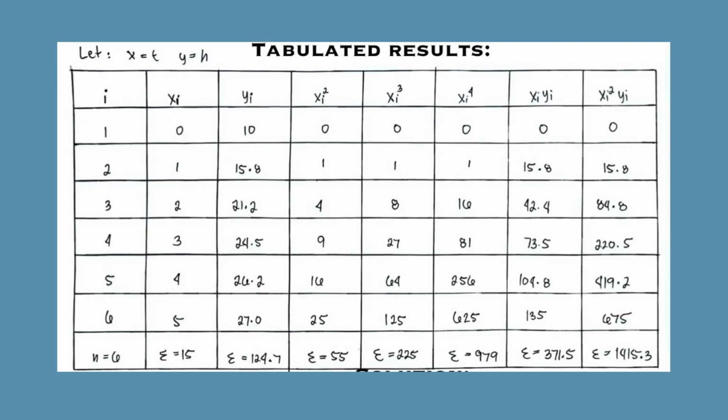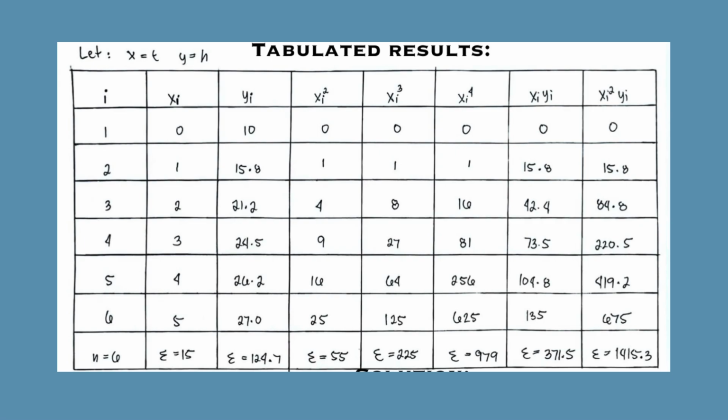So, here in the tabulated results, let x equal t and y equal h. We have i here, which is 1, 2, 3, 4, 5, 6 as our sequence. That's why our n is equal to 6. And here we have x sub i and y sub i. The x here is our time t: 0, 1, 2, 3, 4, 5, where the summation is equal to 15.